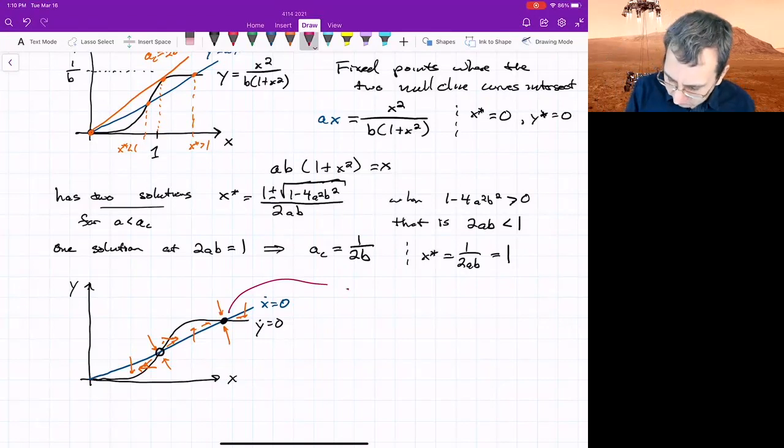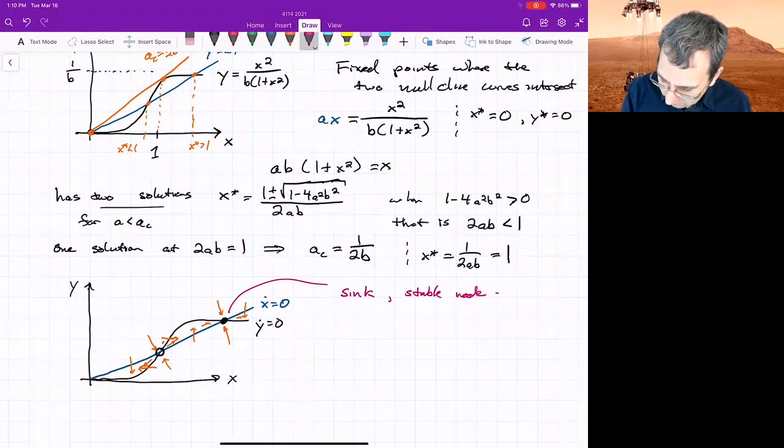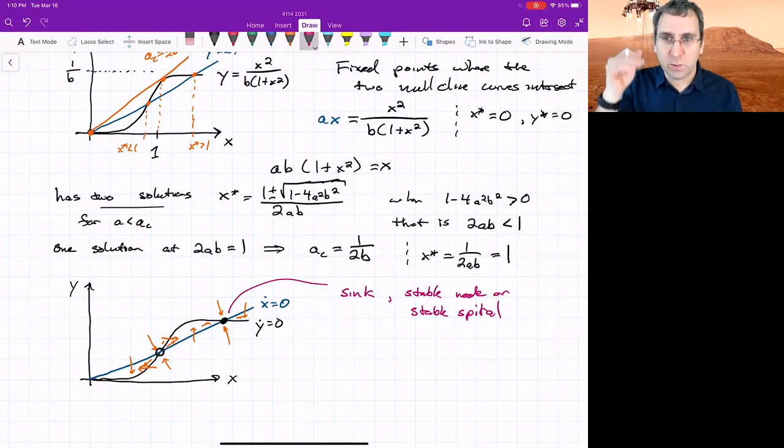If you remember what a sink was, so sink, which means a stable node or stable spiral. And the details would depend on sort of where we were on that curve of the trace versus the determinant of the Jacobian matrix.